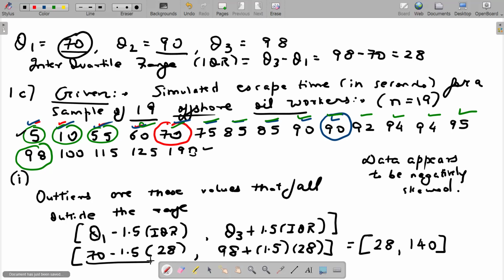So extreme outliers, if you look at them, in this particular case, 190 is an extreme outlier. Okay, so hoping students have understood this. So anything lying outside this range is an outlier.